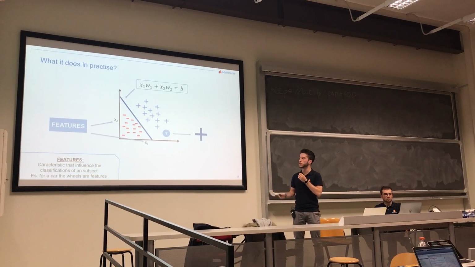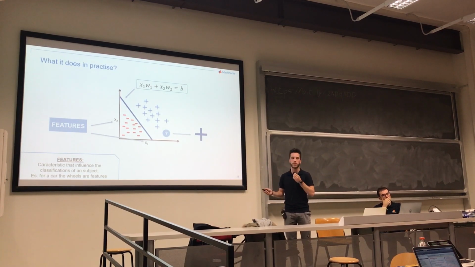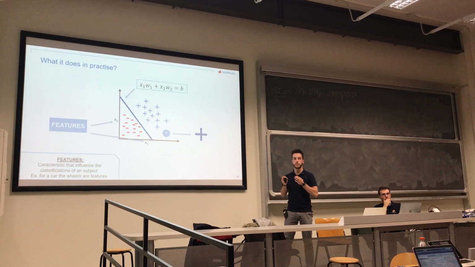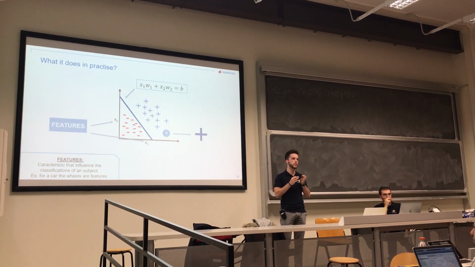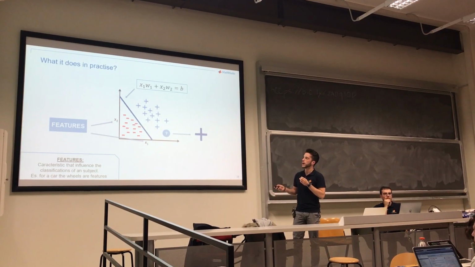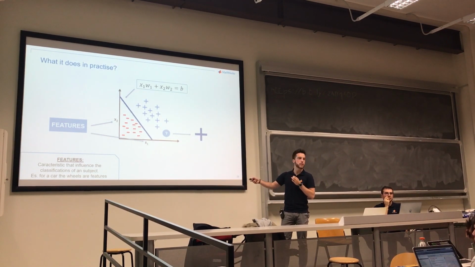I want to show you also what the perceptron does in practice. Suppose you have only a 2D problem. So you have some items that are characterized by two features, x1 and x2. For example, we can think of x1 as the area of the symbol. So in this case, minus has a smaller area than plus, of course, because it is smaller.